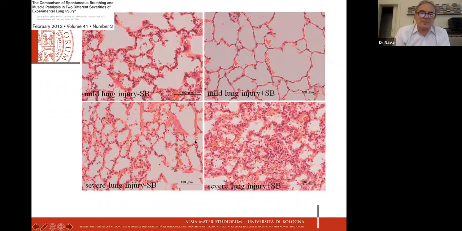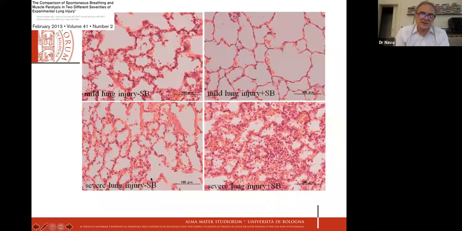Let's see what is happening in animals. On the upper panel, left-hand side, mild lung injury and total respiratory support. On the right-hand side, still mild lung injury, plus the patient is spontaneously breathing with the vent. You see few modifications, but I would say not much from an anatomopathological point of view.